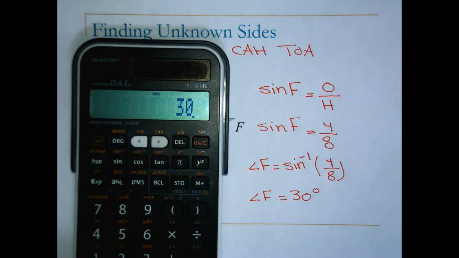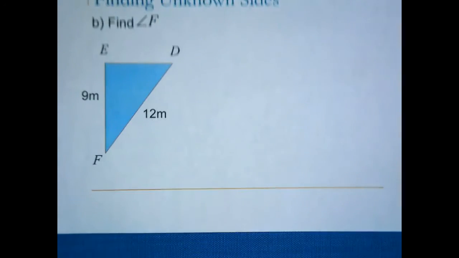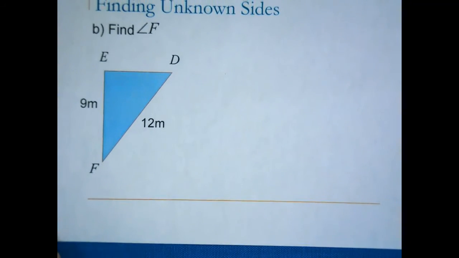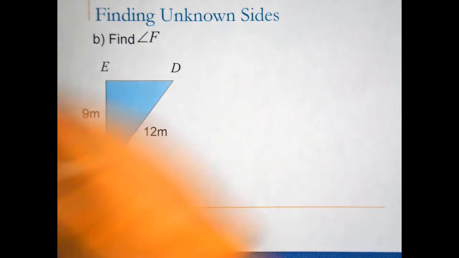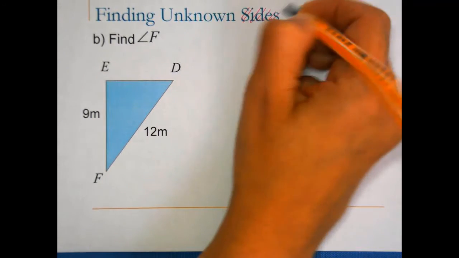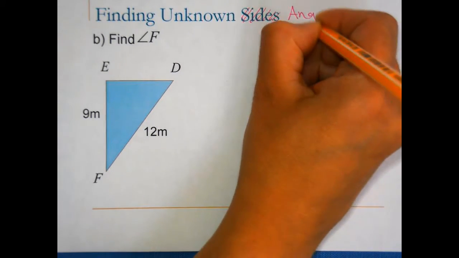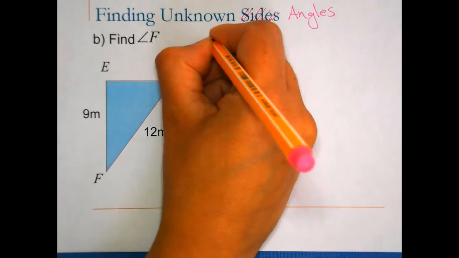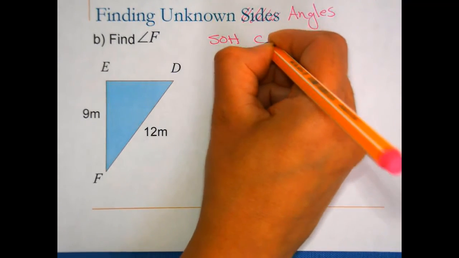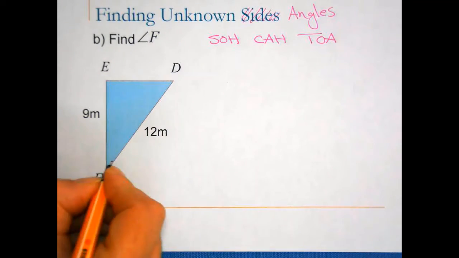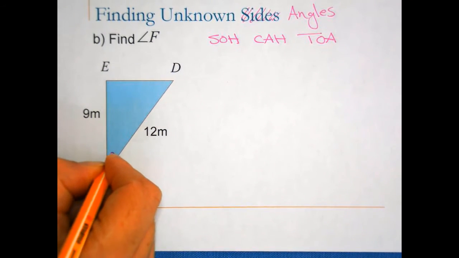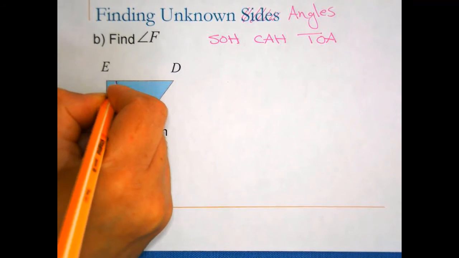Okay, let's do one more example. By the way, this is finding unknown angles. My bad, sorry. So I'm going to write here SOHCAHTOA. So we are trying to find angle F. Again, sorry, this is the right angle.